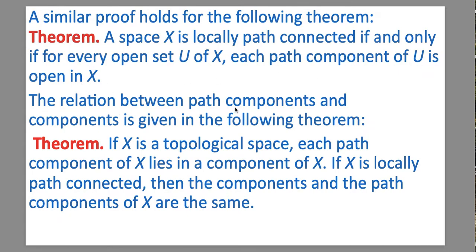The relation between path component and component is given by this theorem. If X is a topological space, each path component of X lies in a component of X. If X is locally path connected, then the components and the path components of X are the same.